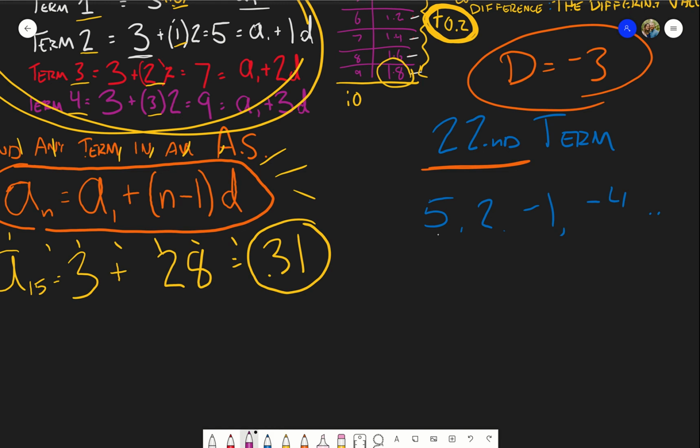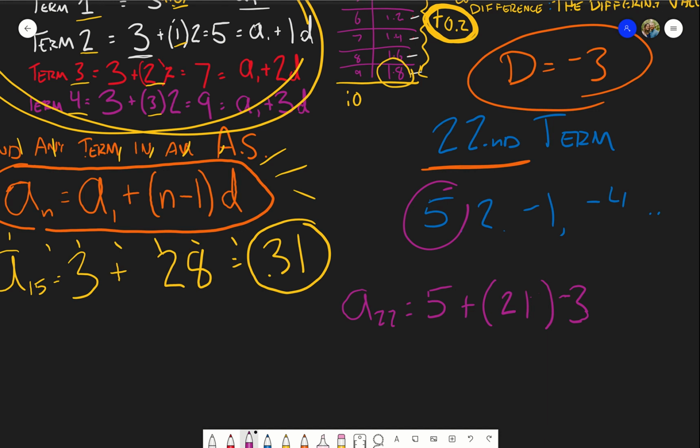A of my 22nd term equals my first term, which is 5, plus 22 minus 1, right? I want the 22nd term, so I want one less, times -3. Okay, let's start solving these things out. 22 minus 1 is not 22.